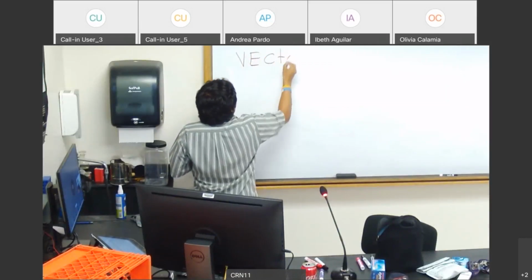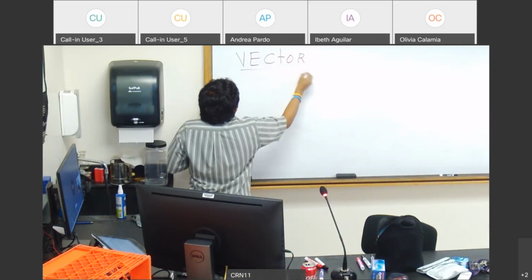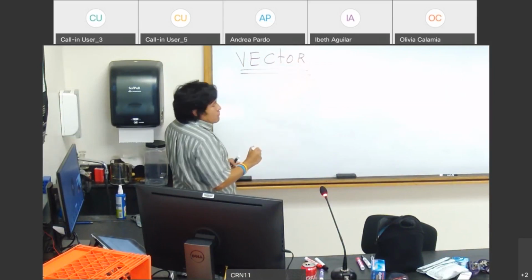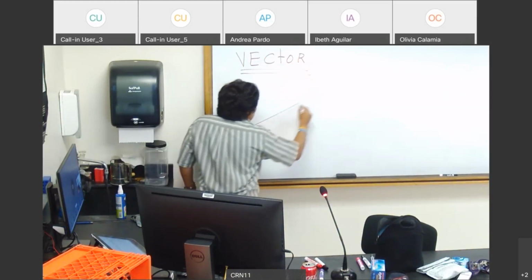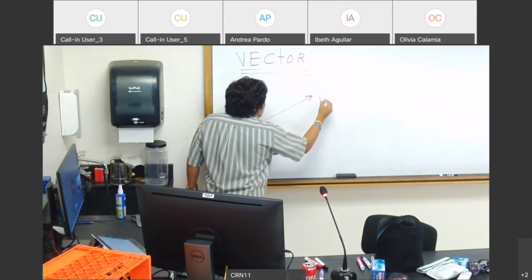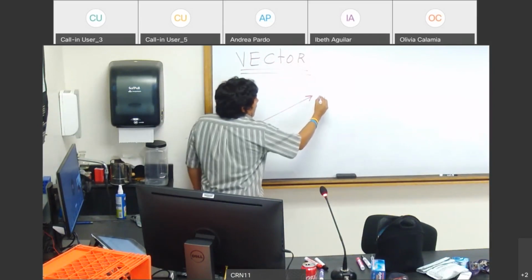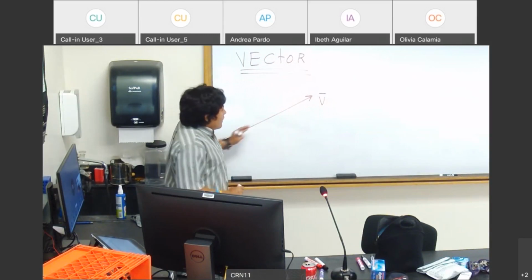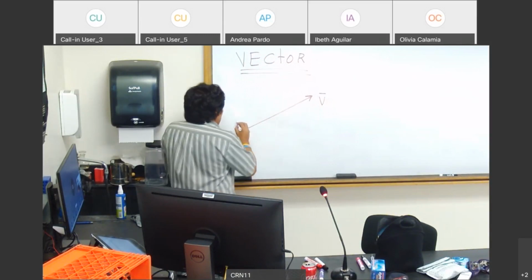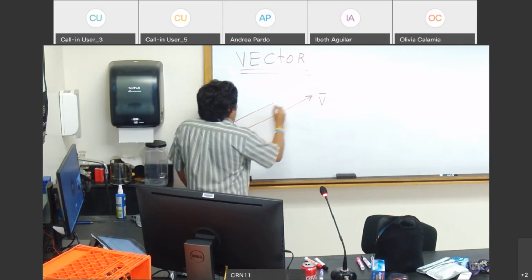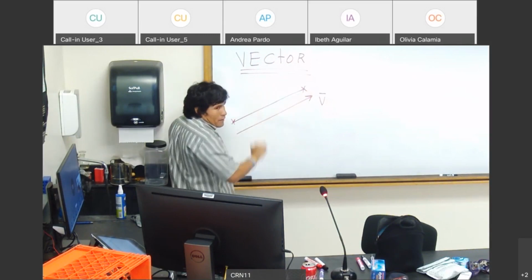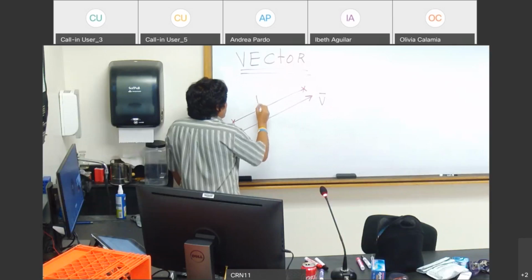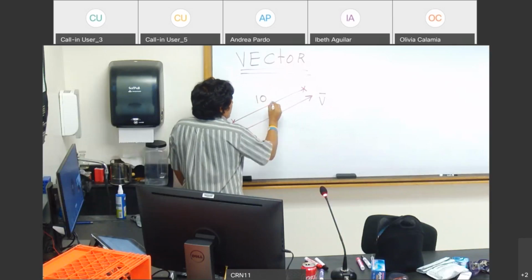It's a physical quantity that has magnitude and direction. So this is a vector V, and we label it with a bar. That is the difference between a scalar and a vector. A vector has the magnitude, the length of this vector, 10 kilometers, for example.